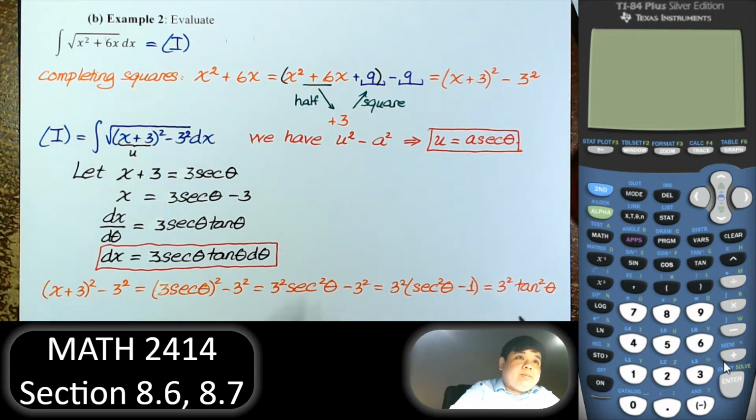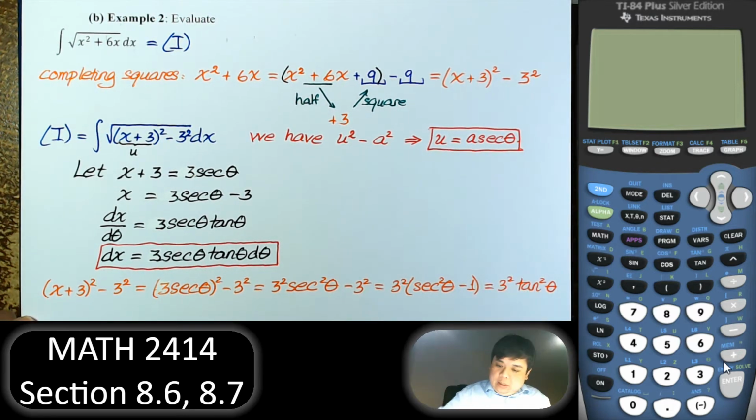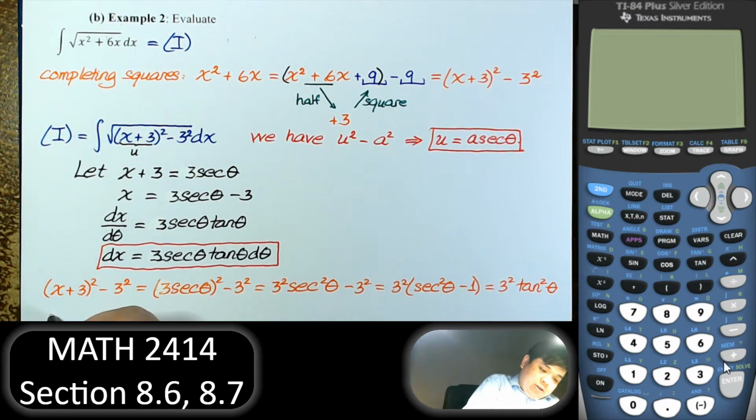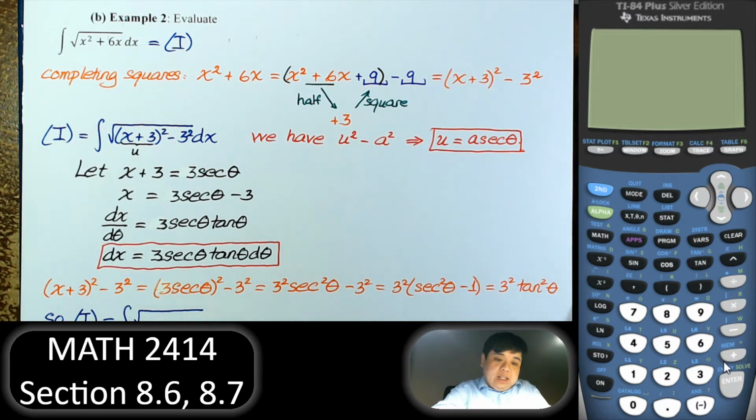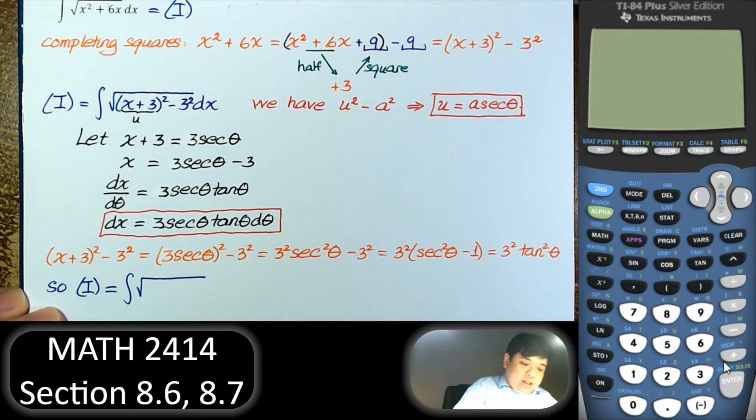Now, I'm going to substitute this back into that. So now the integral is equal to, inside the integral is 3 squared tangent squared.